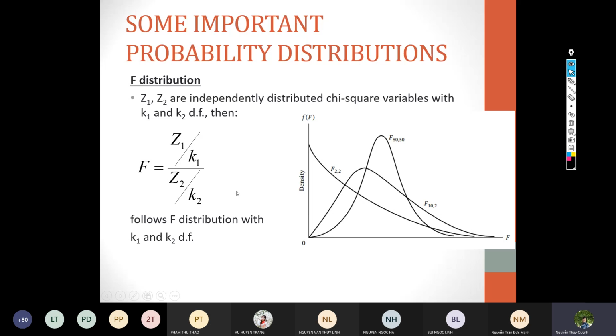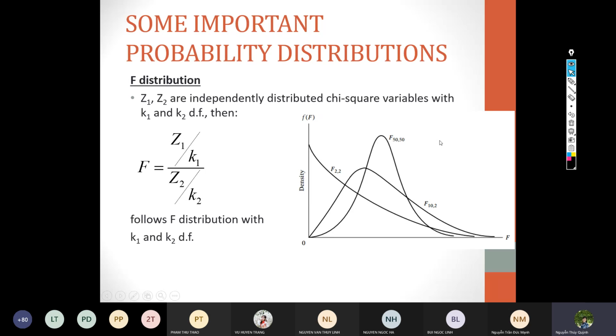Here, for example, we have the shape of the F distribution with K1 equal to 2 and K2 also equal to 2. This is another F distribution with different degrees of freedom, 10 and 2. And this one has degrees of freedom of 50 and 50.